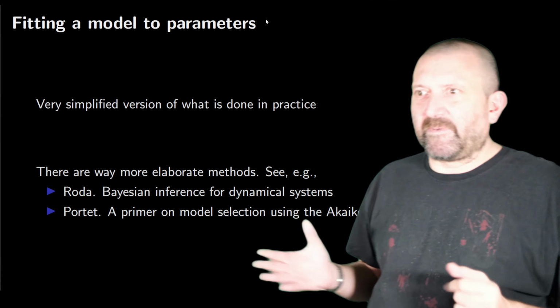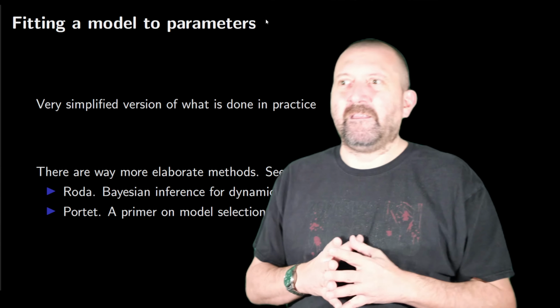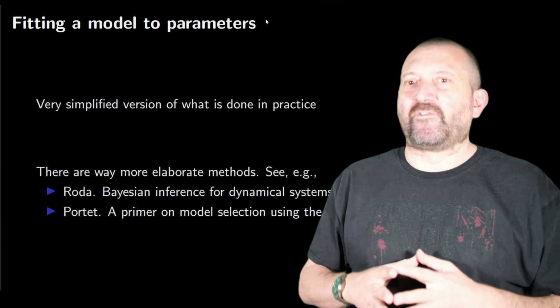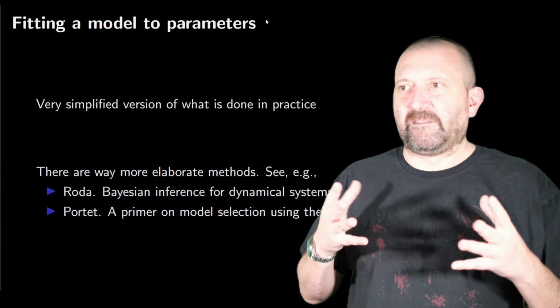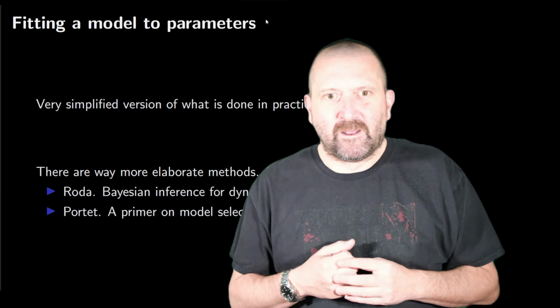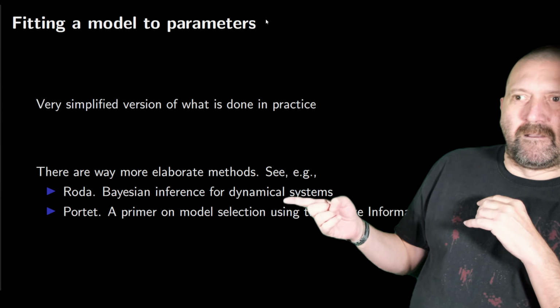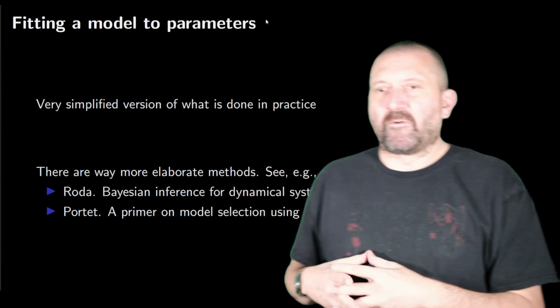And I'll start by pointing out that what I'm showing you today is a very simplified version of what would be done in practice. And there's two papers that I want to mention here that are about some more elaborate techniques.